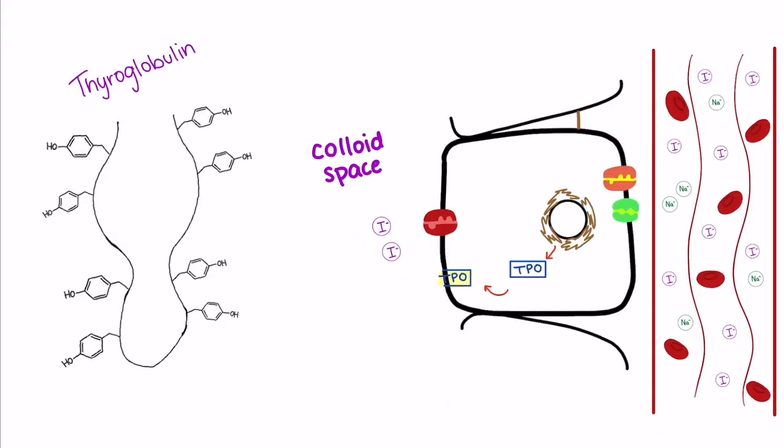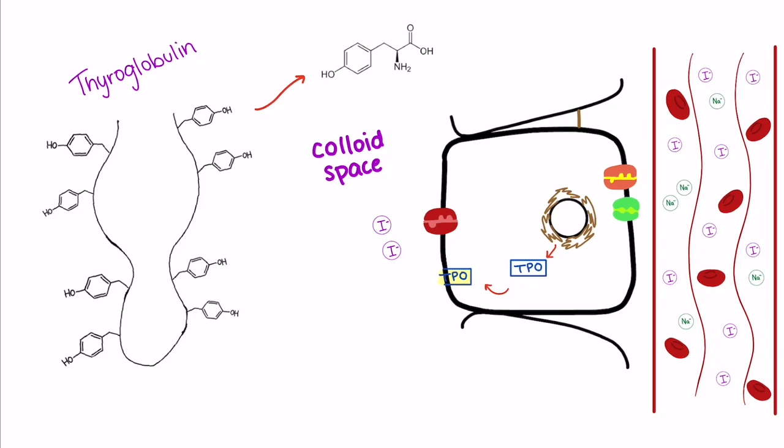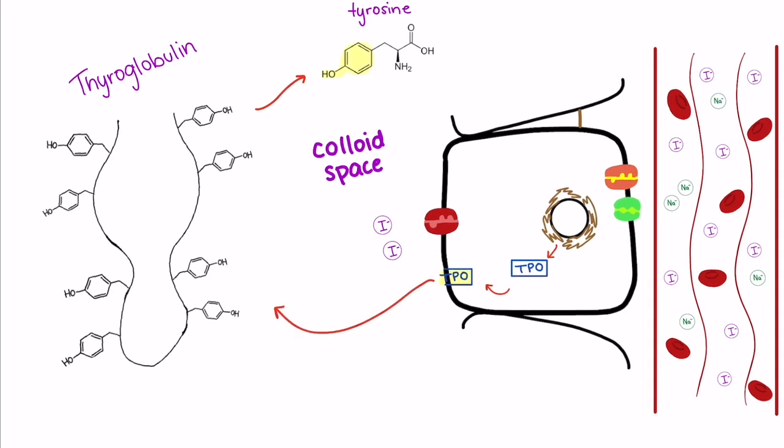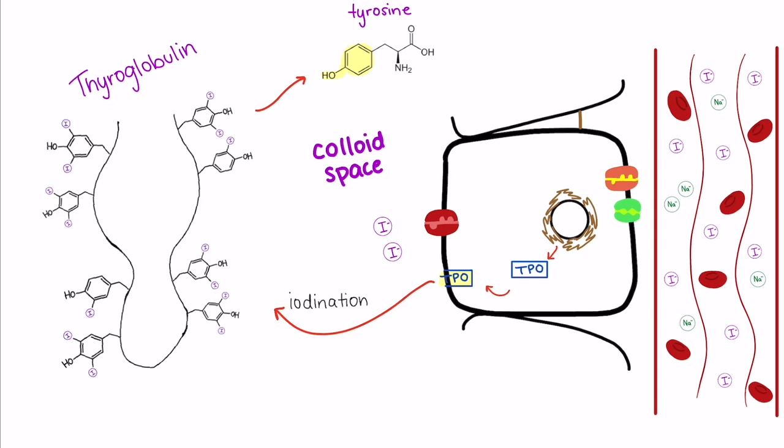Thyroglobulin consists of many large repeating domains, containing many tyrosine residues in each of these domains. Thyroid peroxidase iodinates the tyrosine residues of the thyroglobulin protein. If the thyroid peroxidase only iodinates one tyrosine residue of a domain, this forms monoiodotyrosine.